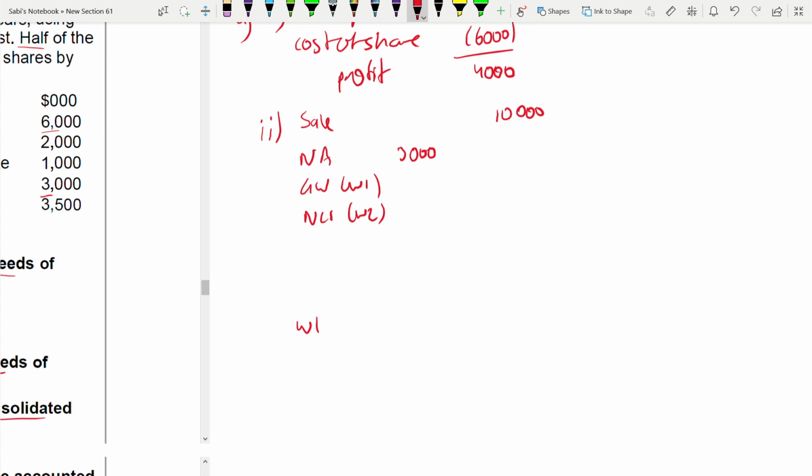Goodwill. You start with consideration. The investment was for 6 million, or 6,000. Then NCI at acquisition.